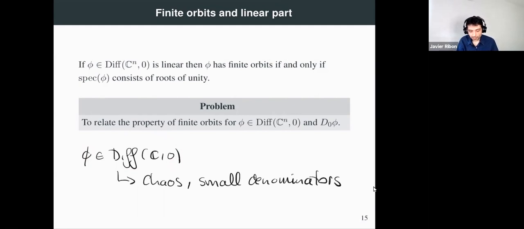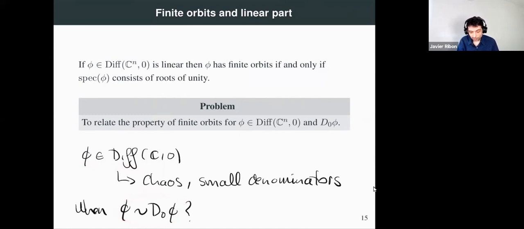So you cannot classify local biholomorphisms in one variable up to analytic or topological conjugacy, but you can try at least to understand in which conditions this phi is analytically, or topologically, conjugated to its linear part. This is a problem that is much easier to deal with. It's not easy at all, but it is easier than the previous one.